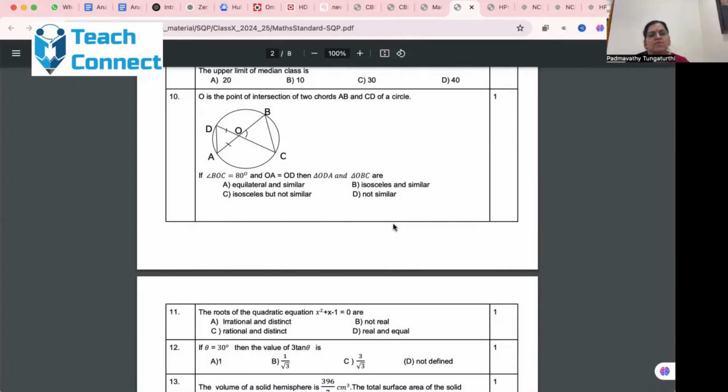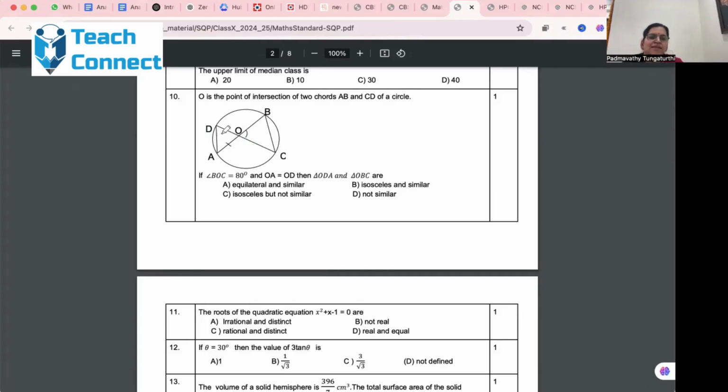Next one, question number 10. O is a point of intersection of 2 chords AB and CD of a circle. Therefore, we now see here that OA and OD are equal in length. It is very clearly visible that OA and OD are of equal length.